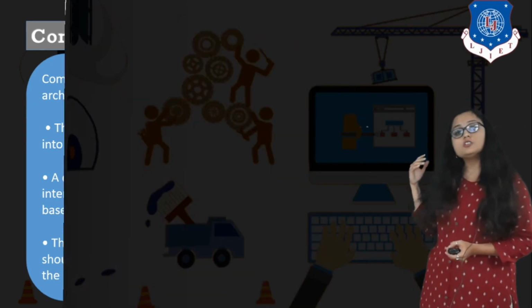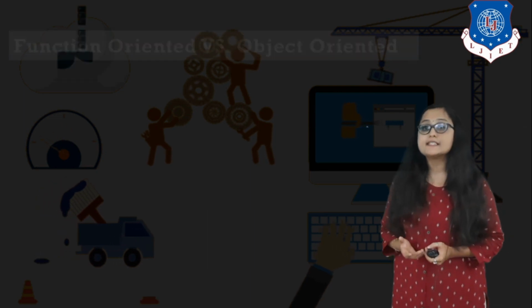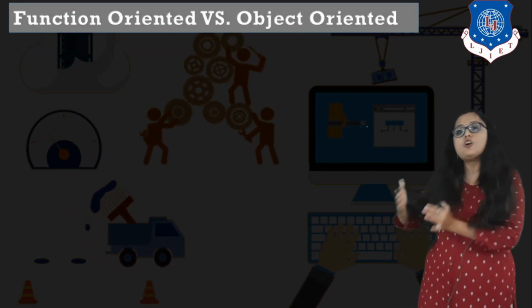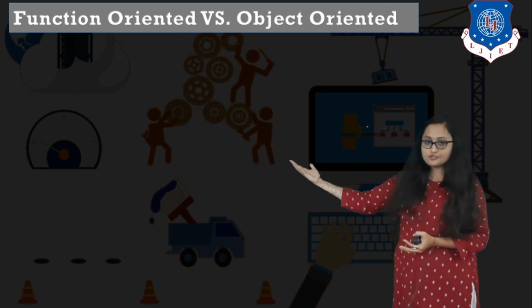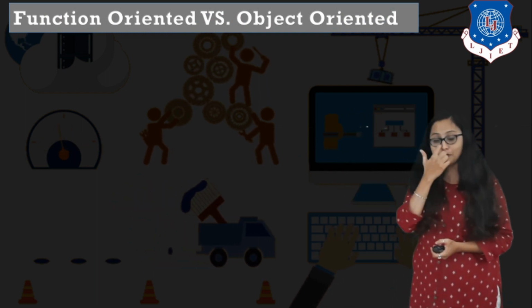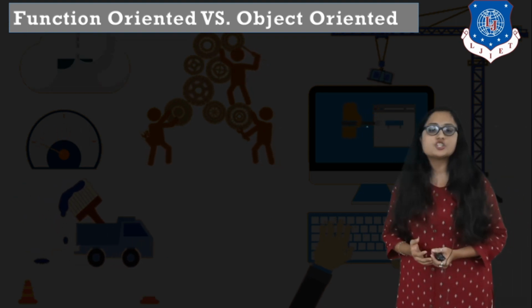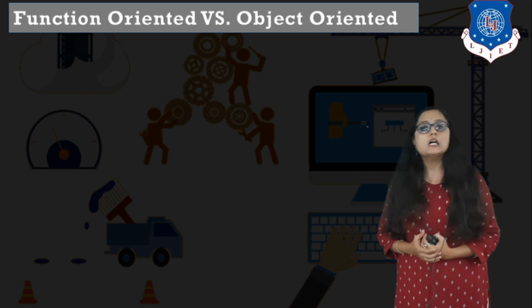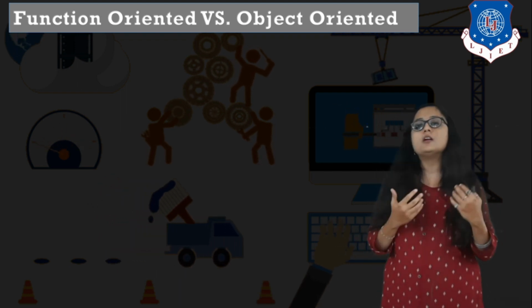Now before designing the component level design, the first thing that you need to decide is which type of language paradigm you will choose. You may choose function oriented or object oriented paradigm. Let us study the basic differences between function oriented and object oriented technologies. You have already studied this in the previous semester.